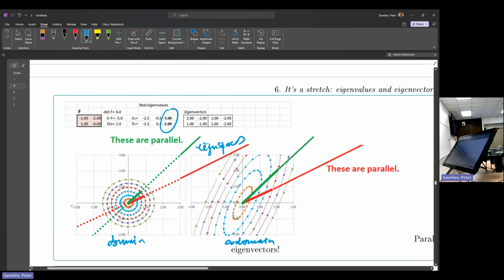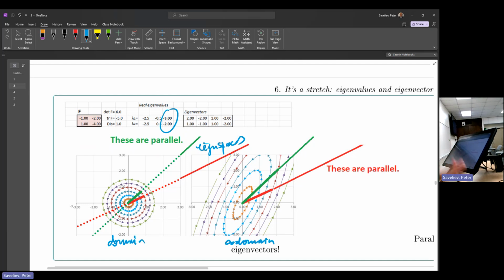And under our operation, as you can see, the circles have been stretched out. Does it tell us anything or not? Maybe not. But look at what has happened to the green ones and what happens to the red ones. They may have been stretched, but they're still parallel.